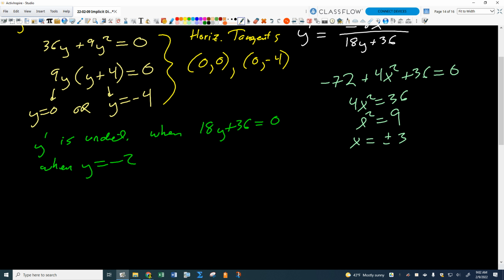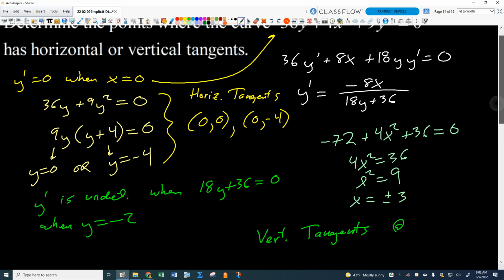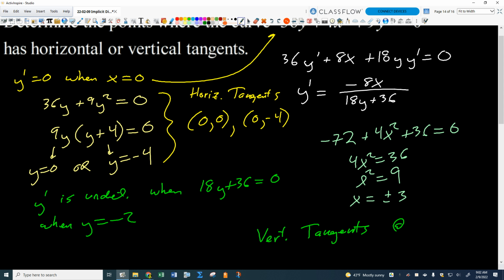Okay, so we'd say then that we have vertical tangents at x equals plus or minus 3 and y equals negative 2, right?